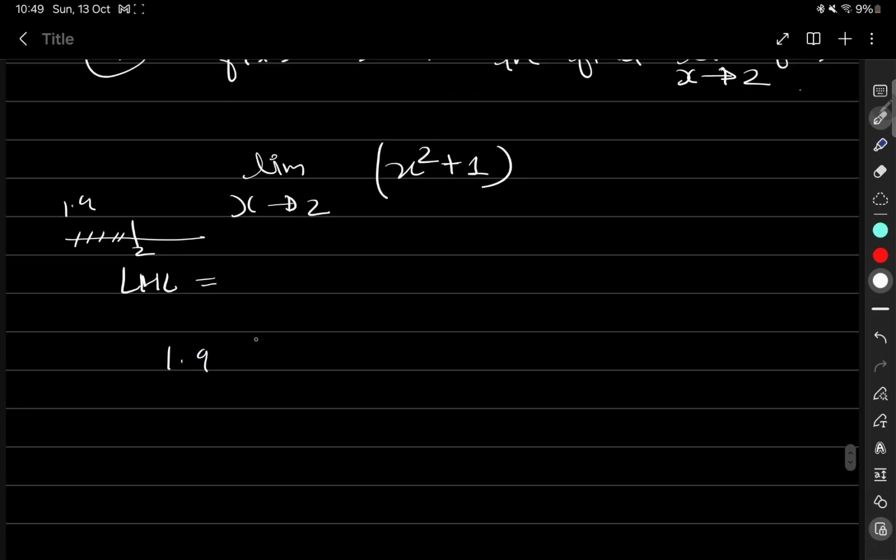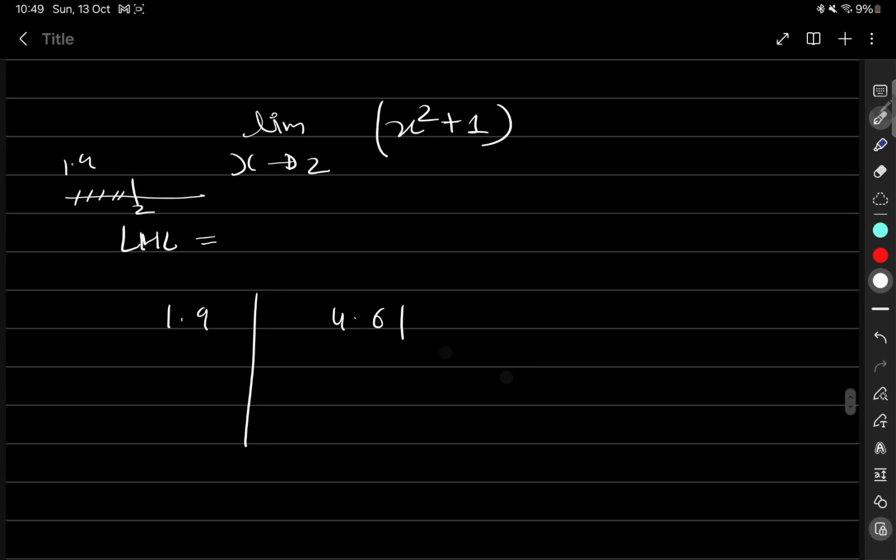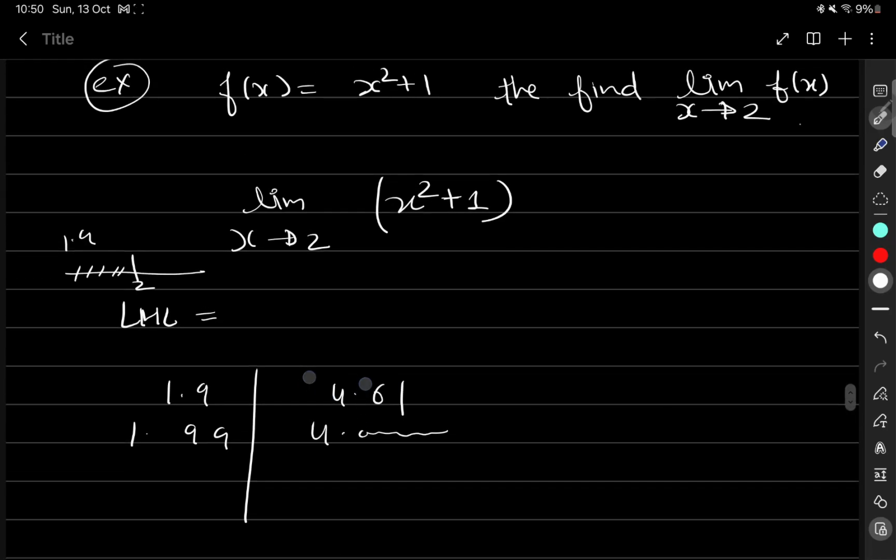When we put 1.9, then we will get 4.61 something. When I put 1.99, I'll get something 4 point values. Getting or not? At 2 we are getting 5.